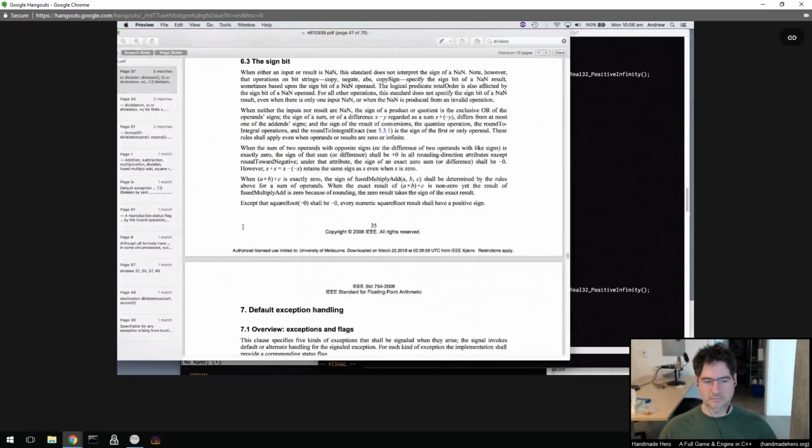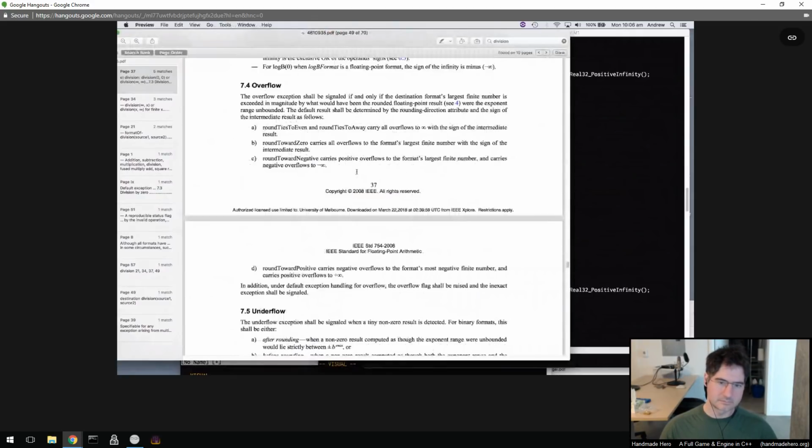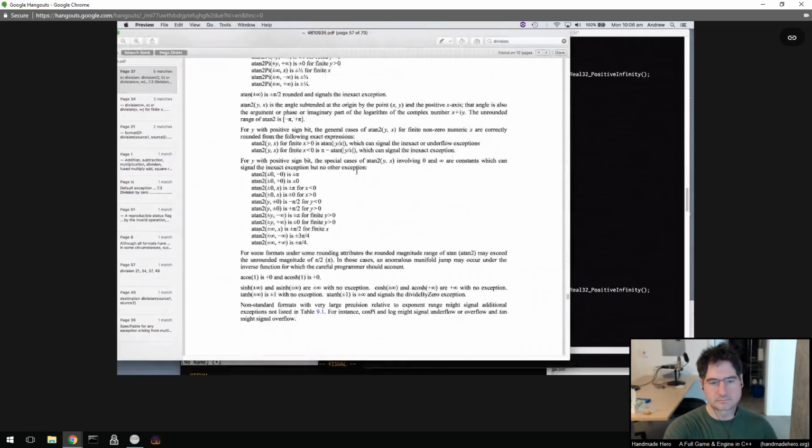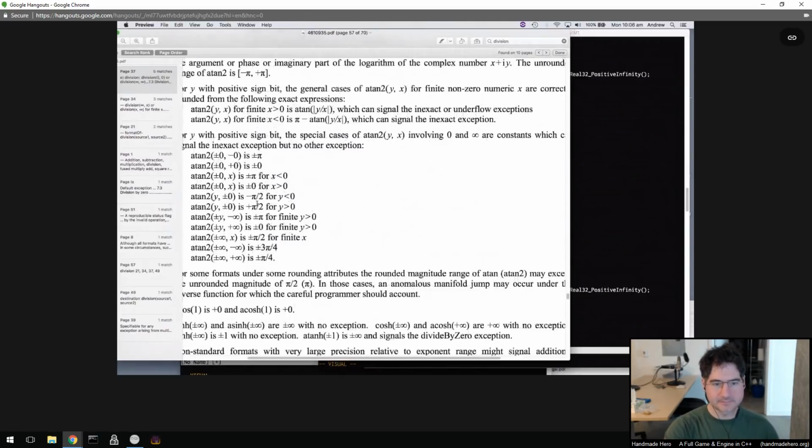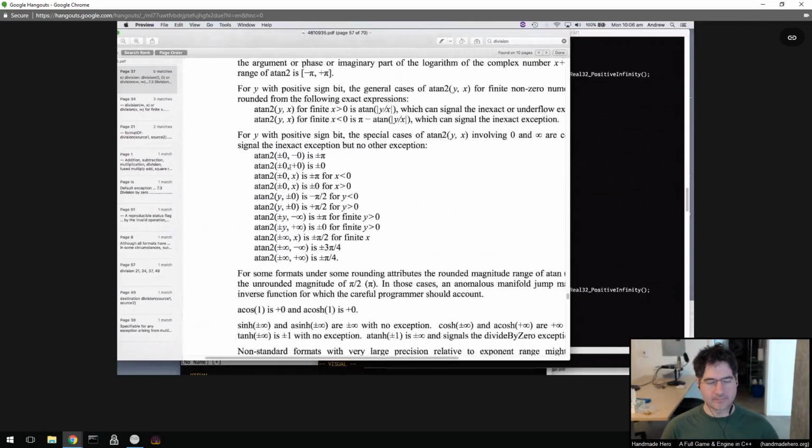If you have a look at the standard, they often have lists here, like this is ATAN2, which we'll come to in a moment. Here are all the cases that ATAN2 has to cover. That's what it means to be compliant with the standard, is you need to get all these cases correct. ATAN2 positive 0, negative 0, and ATAN2 negative 0, negative 0 have to return different values.